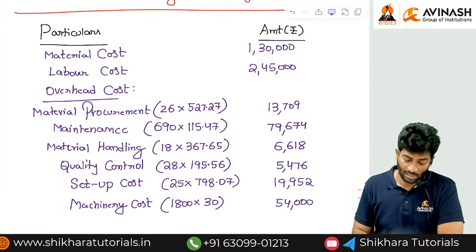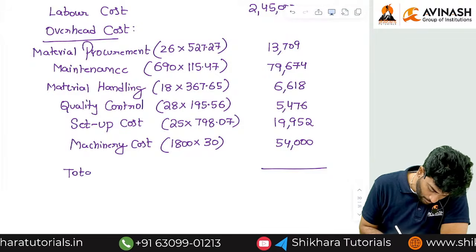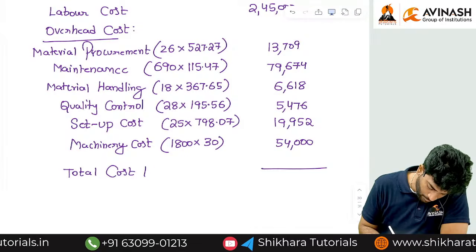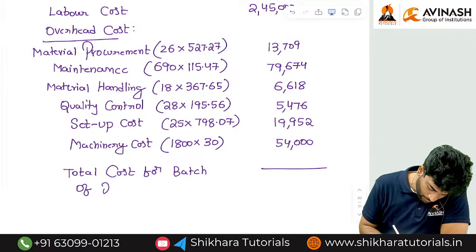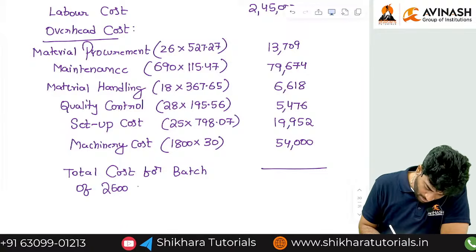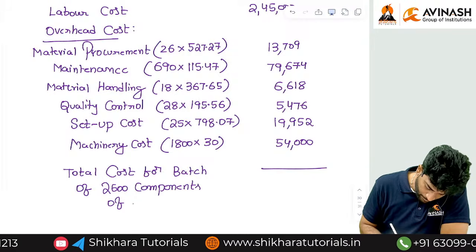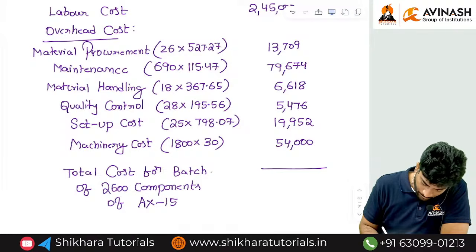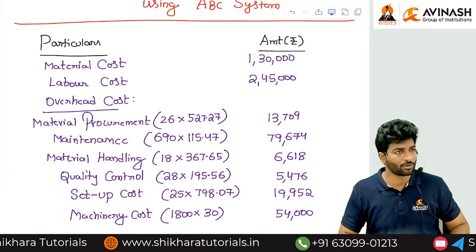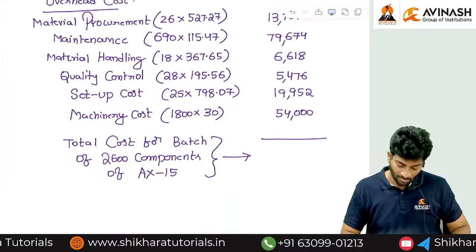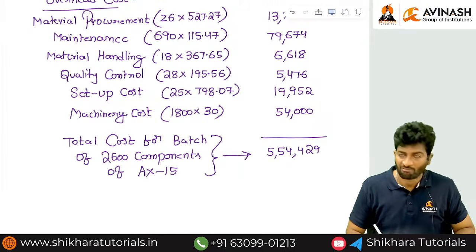So material cost over, labor cost over, and make a total without any 5 lakh, 5,54,429.